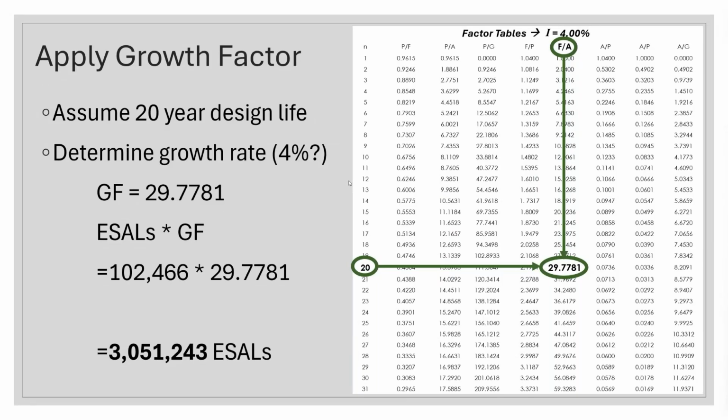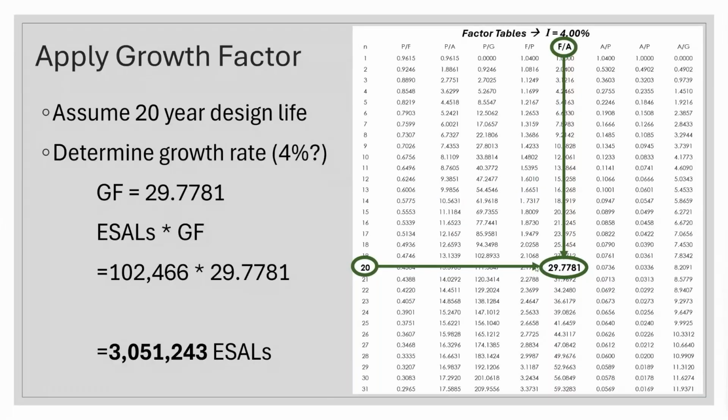I'm going to go in the table to a period of 20 years, and I want to see, if I have that interest rate happening for a certain population over time, what is the future value of that level. So I take whatever my ESALs were, and I find this growth factor. For 20 years at 4% interest, my growth factor is 29.7781.